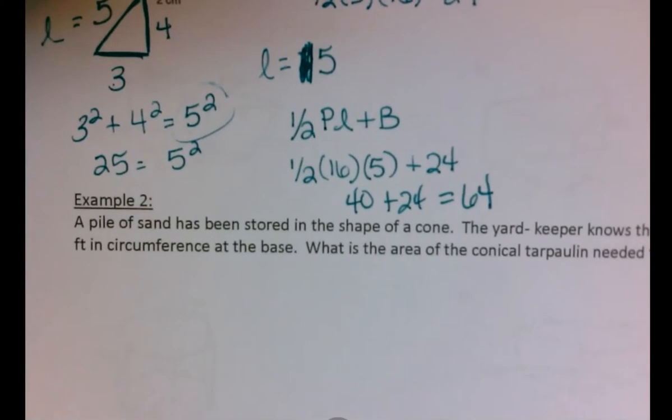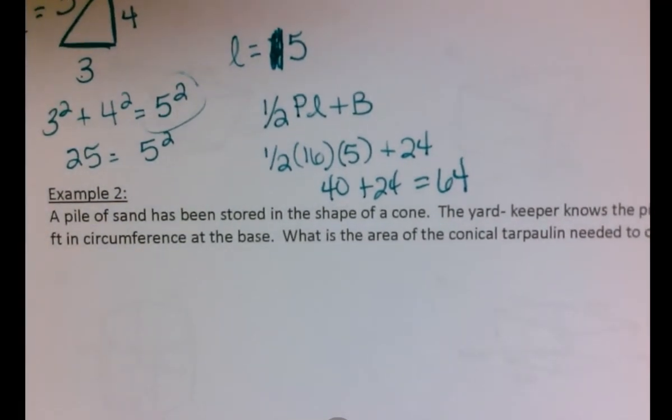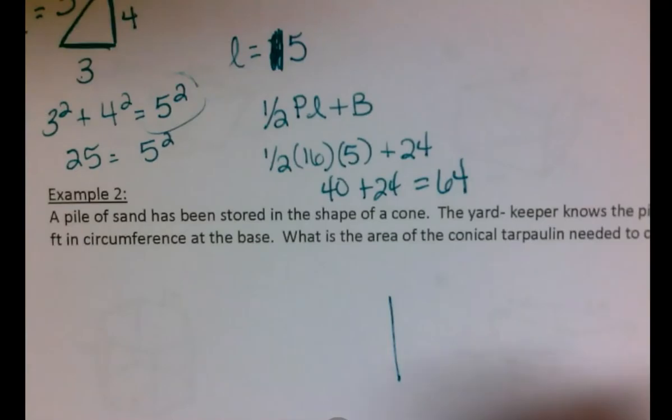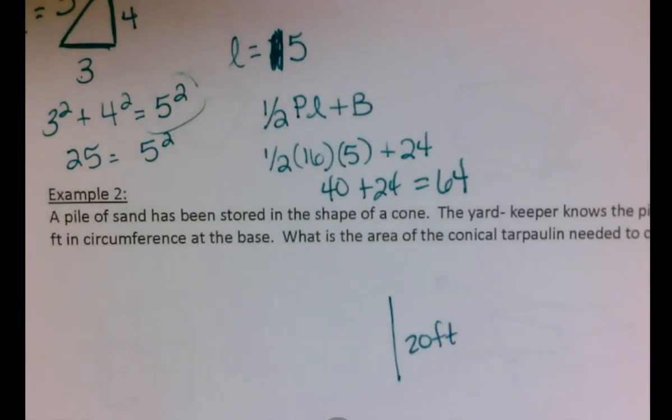So this word problem here. A pile of sand has been stored in the shape of a cone. The yardkeeper knows that the pile is 20 feet tall. So I have 20 feet. And a 102 foot circumference. So 2 pi r equals 102.